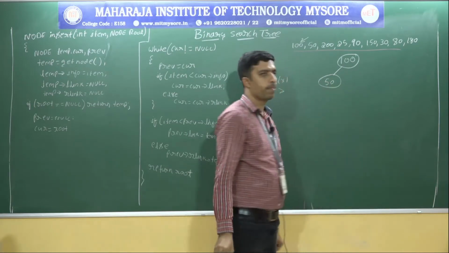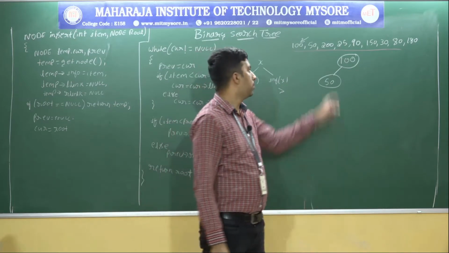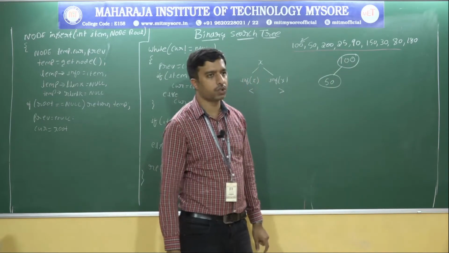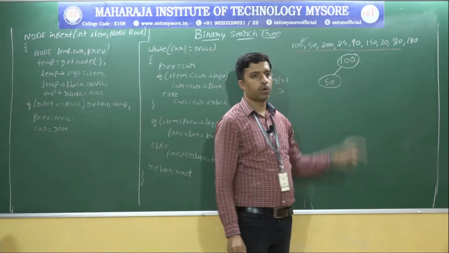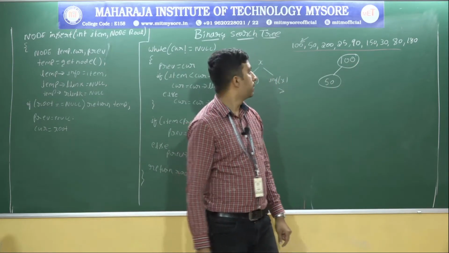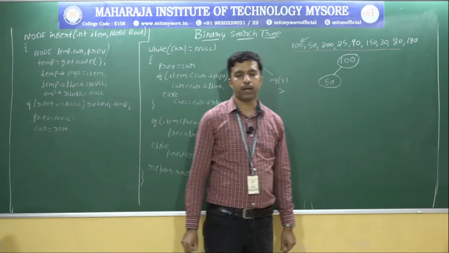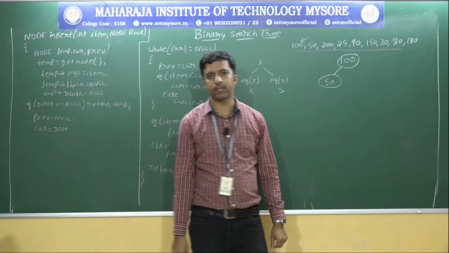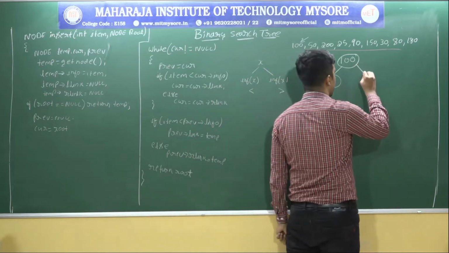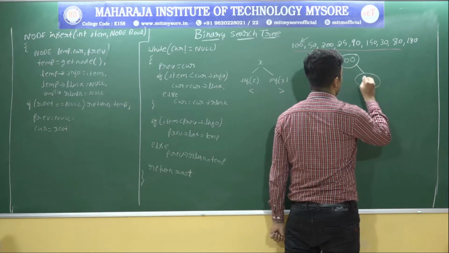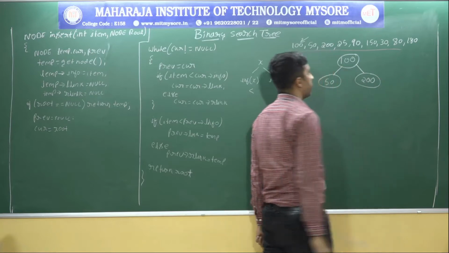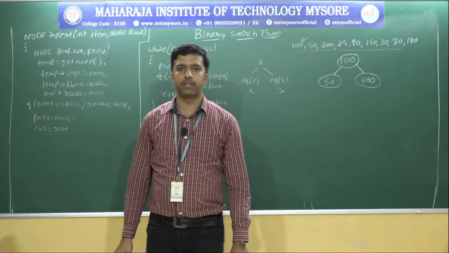Now 200: it starts checking from the root, which is 100. 200 is greater than 100, so it moves towards the right of it, and 200 sits over here.